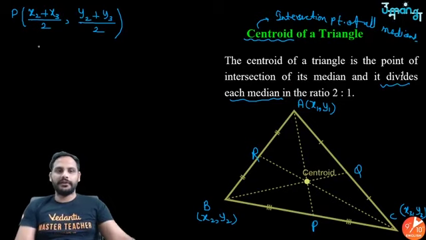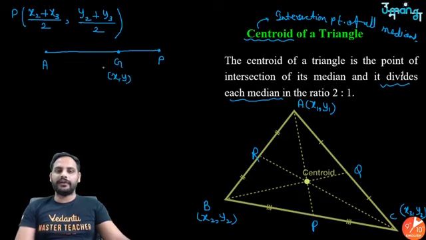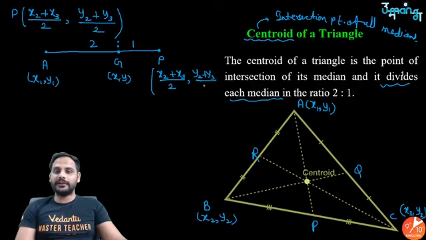Okay, so we have a line over here, A and P, and somewhere over here we have the centroid, which is denoted by G. Centroid's coordinates we need to find out. I know the centroid divides it in the ratio 2:1. Coordinates of A are x1 comma y1. Coordinates of P are x2 plus x3 by 2 comma y2 plus y3 by 2.